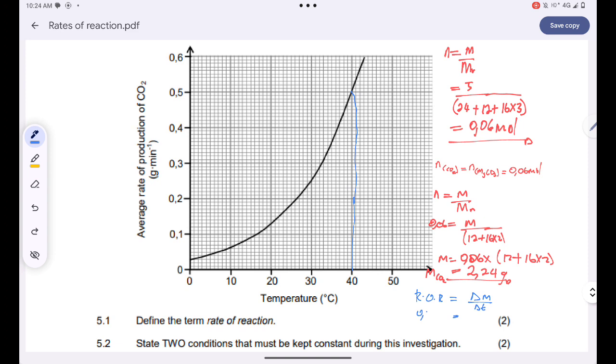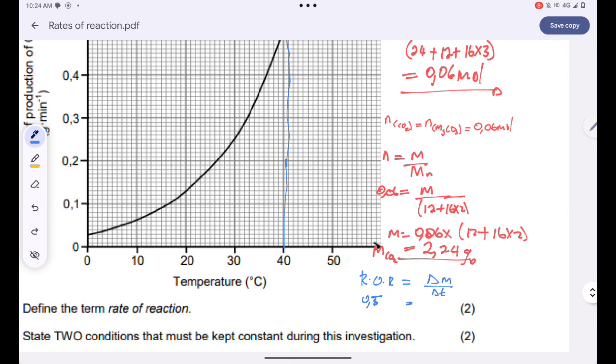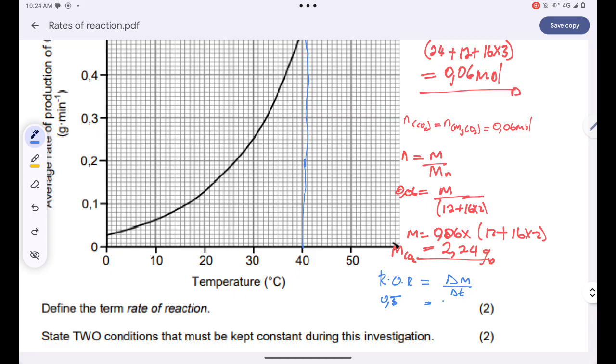That's 0.5. And then the change in mass, initially, guys, the mass of carbon dioxide was 0 because products at the beginning of the reaction were not yet formed. So it will be 2.24 minus 0 all over the change in time. So therefore the change in time will basically be 2.24 divided by 0.5.